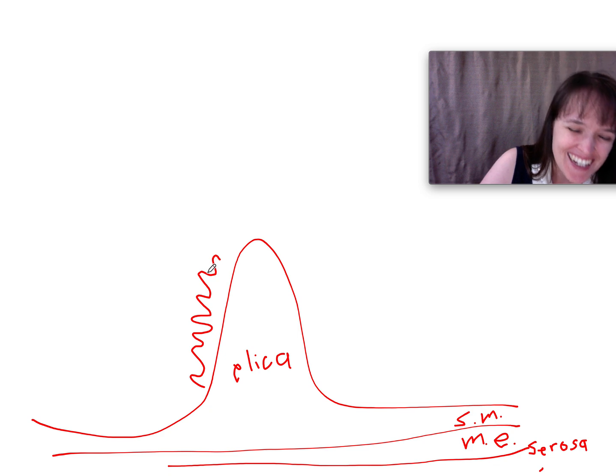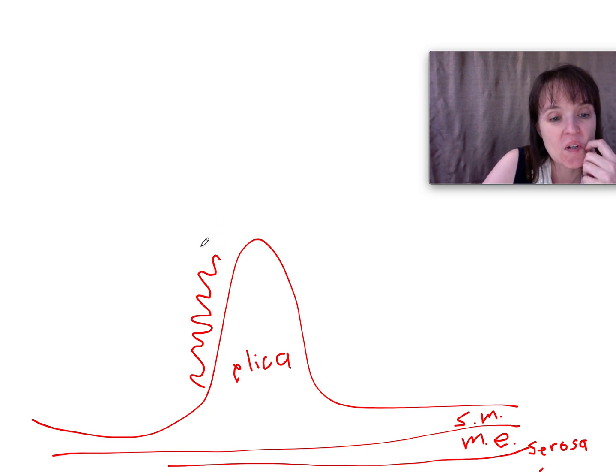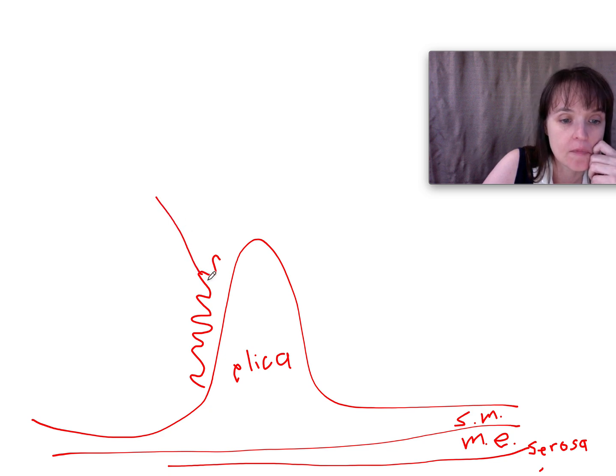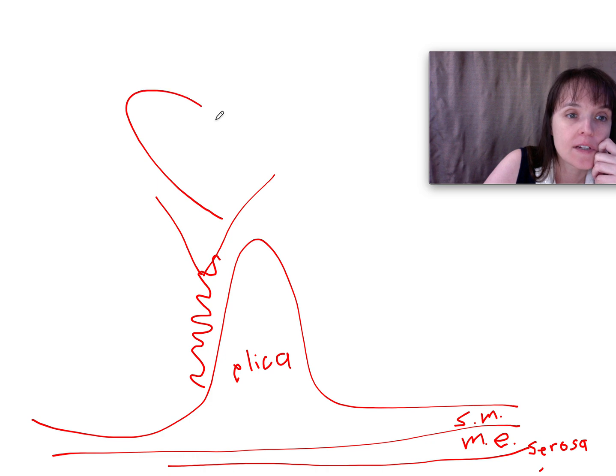See the difference? And then on the edge of this, I'm gonna blow this up. This finger is made up of cells. Well, they're columnar cells.